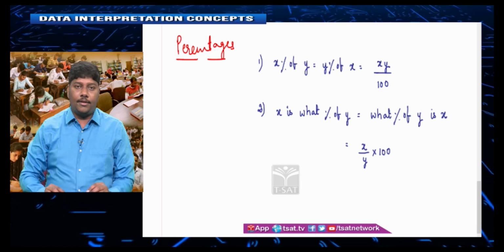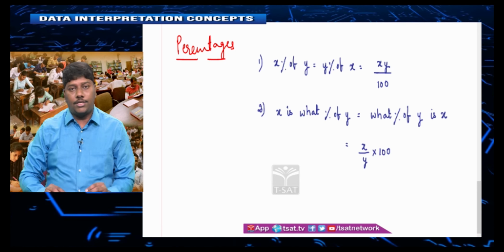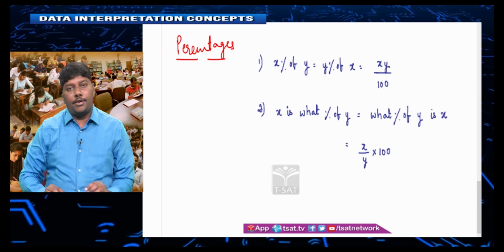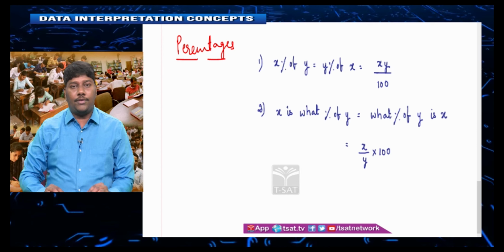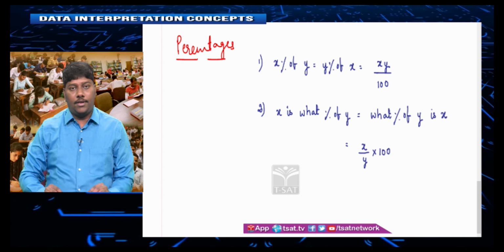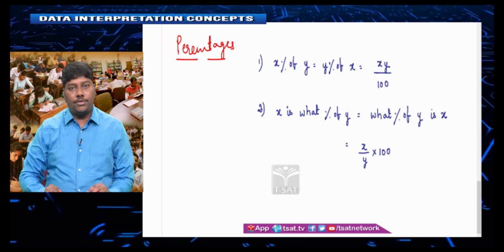Let's say a factory produces a certain number of cars in 2015 and a certain number of cars in 2020. They'll ask you the number of cars produced in 2015 is what percent of the number of cars produced in 2020.